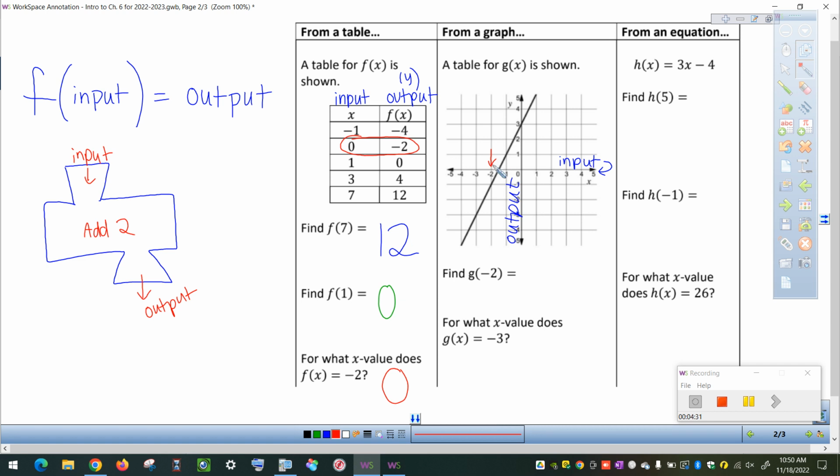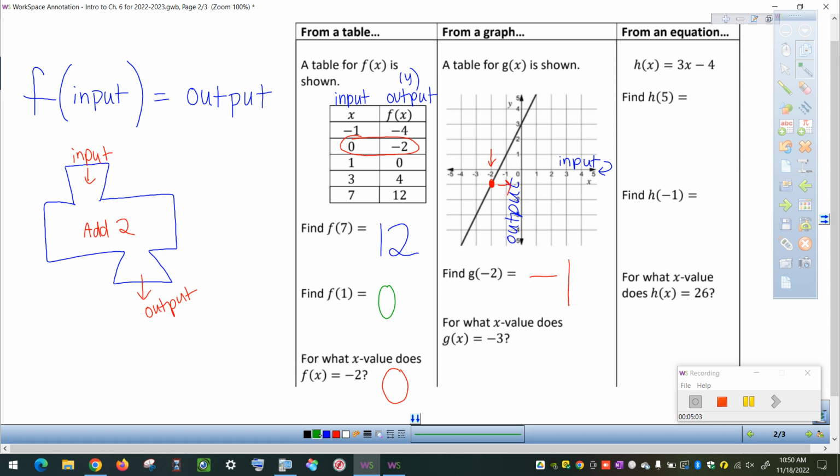And I'm either going to go up or down wherever the line is for that x value. In this case, it's down below the x-axis, so I'm going to go down here to this point. And then I'm going to go over here and look at the y-axis, and the corresponding y value is negative 1. In other words, when the input is negative 2, the output was negative 1. That's just an ordered pair that's on the graph of that line.